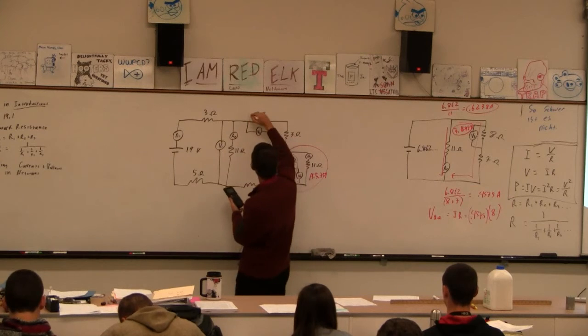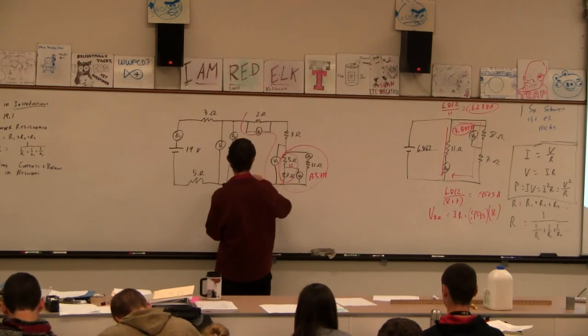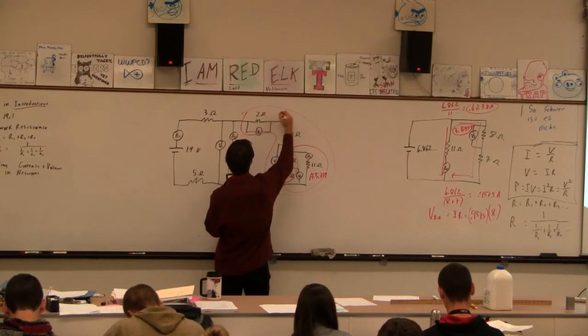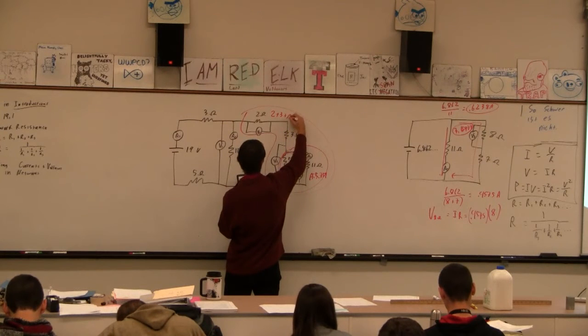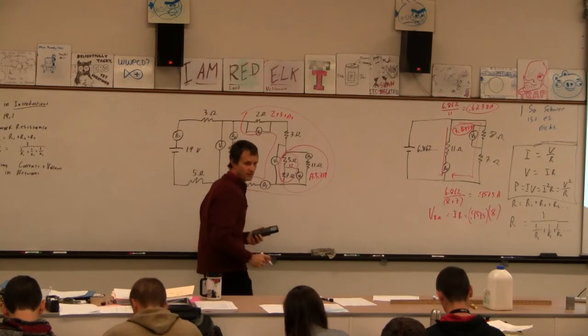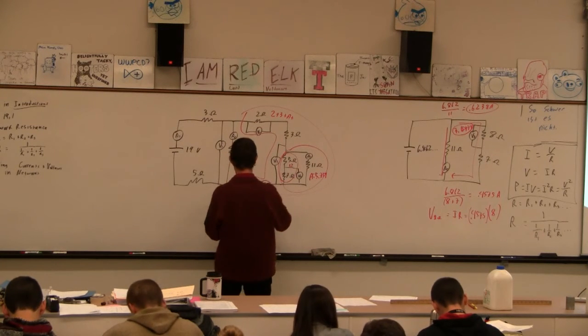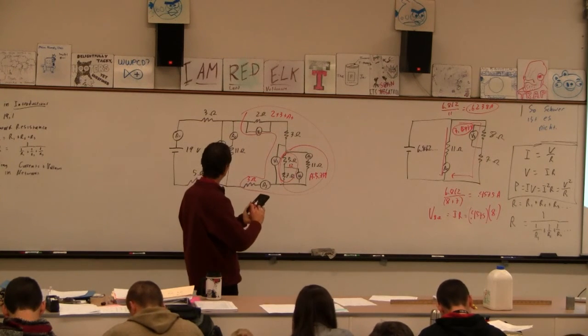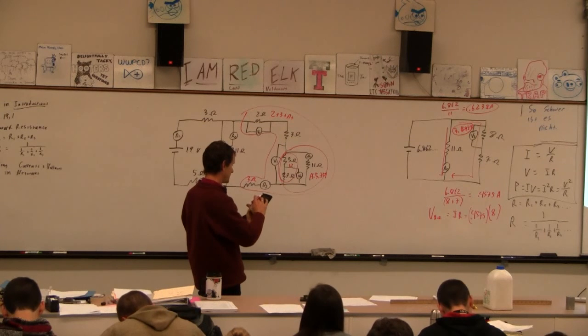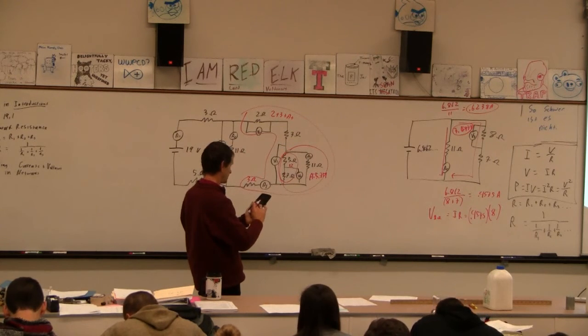And then this guy here is going to be my B. So that's 2 plus 3 plus A plus 3. This guy's a 3 ohm. So 2 plus 3 plus alpha A plus 3, store in B.